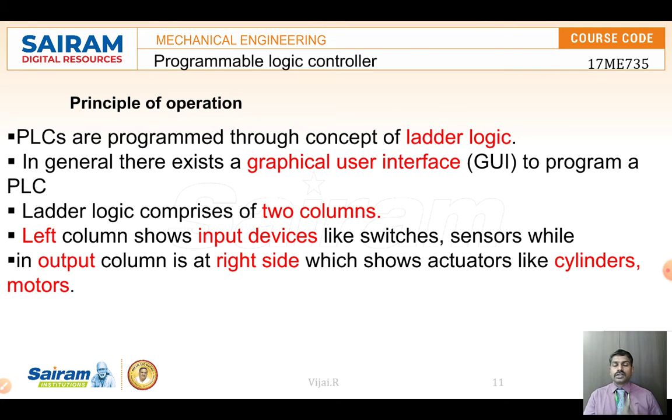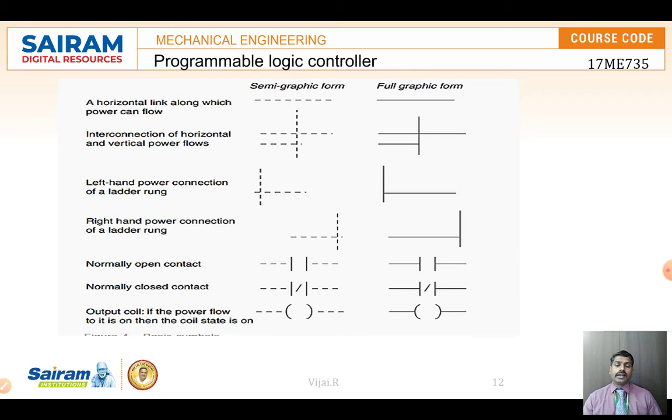In general, the ladder logic shows how the input devices and output devices are related and how they function. With the two vertical lines, the rails, we keep the input devices on the left side, and to the right we put the output devices such as cylinders, actuators, and motors. The normal horizontal line, which we call a rung, shows the power line connected between the left rail and the right rail.